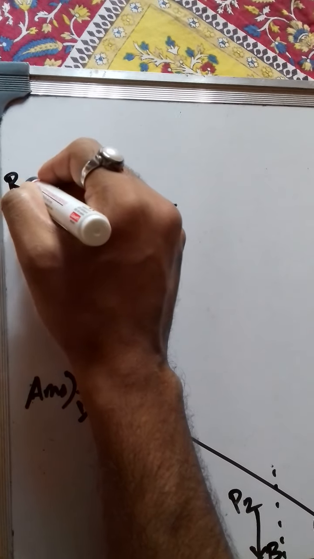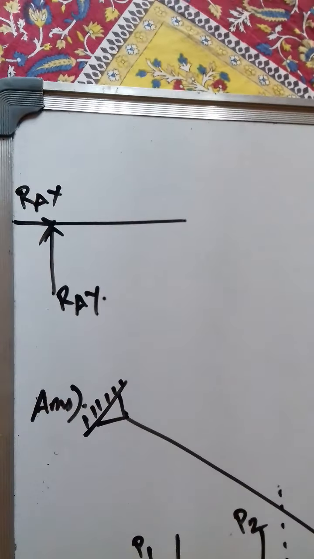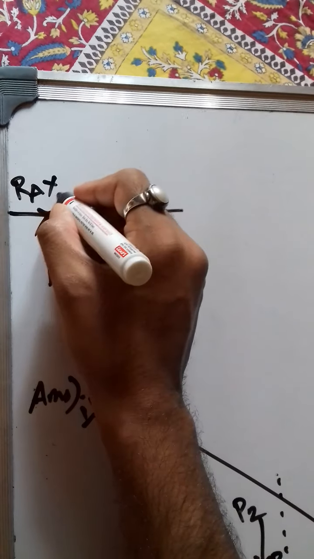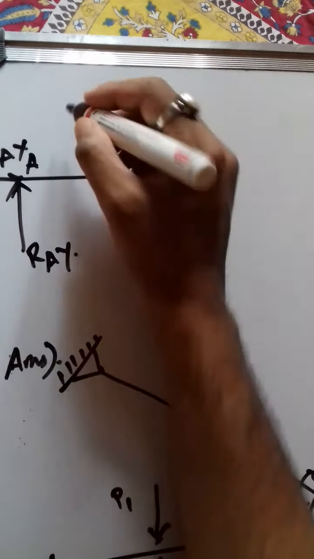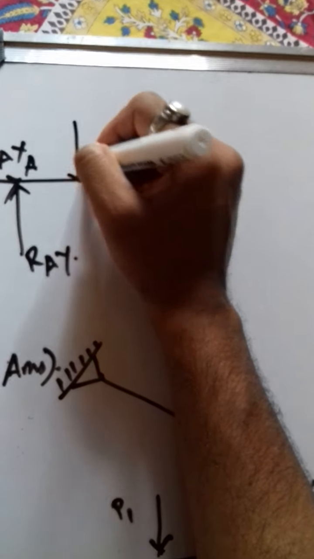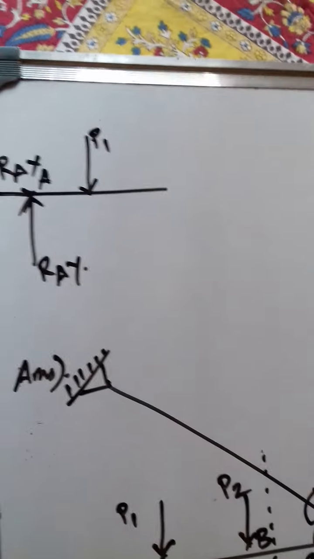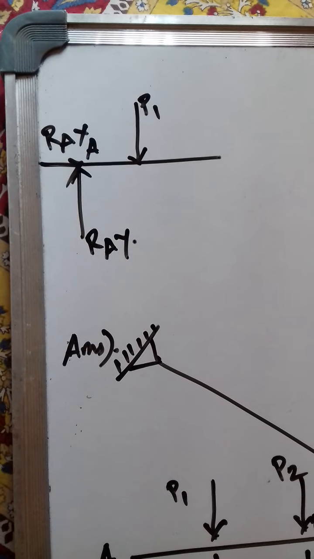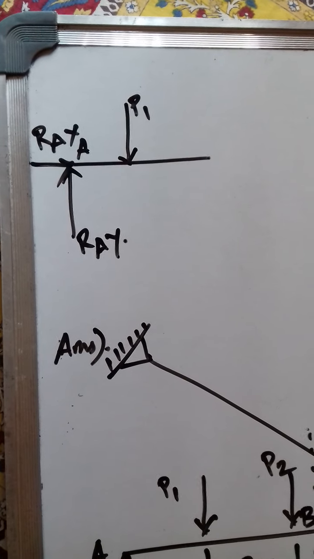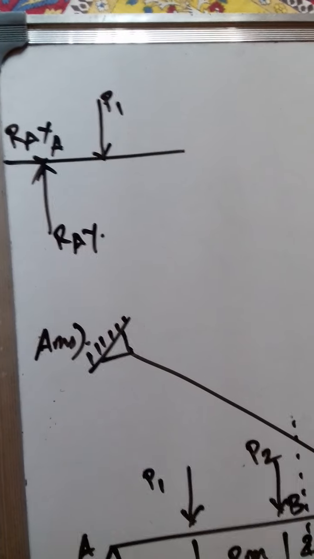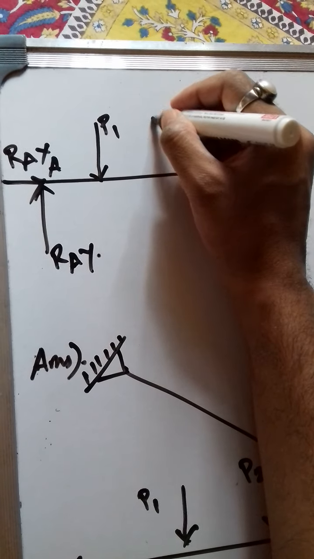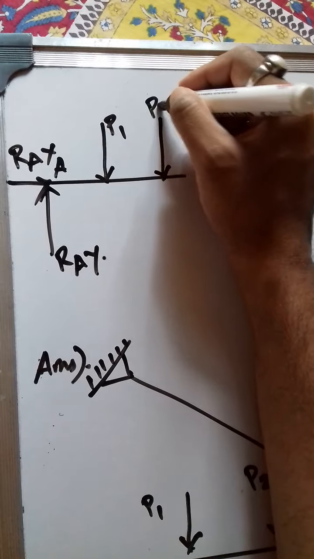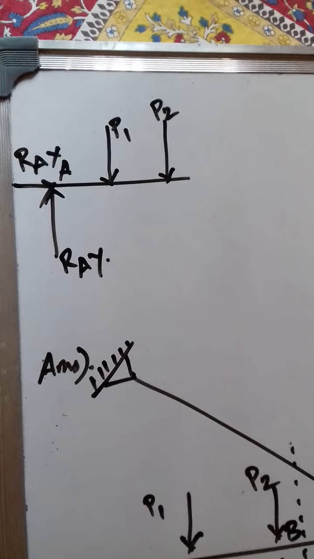This is RA along x direction. Clear? So point A is over. Now you come to this force, P1 is acting in the downward direction, so it is as it is. Now you have to go to the right of point B, that is P2 will also come into the picture. P2 is at point B.